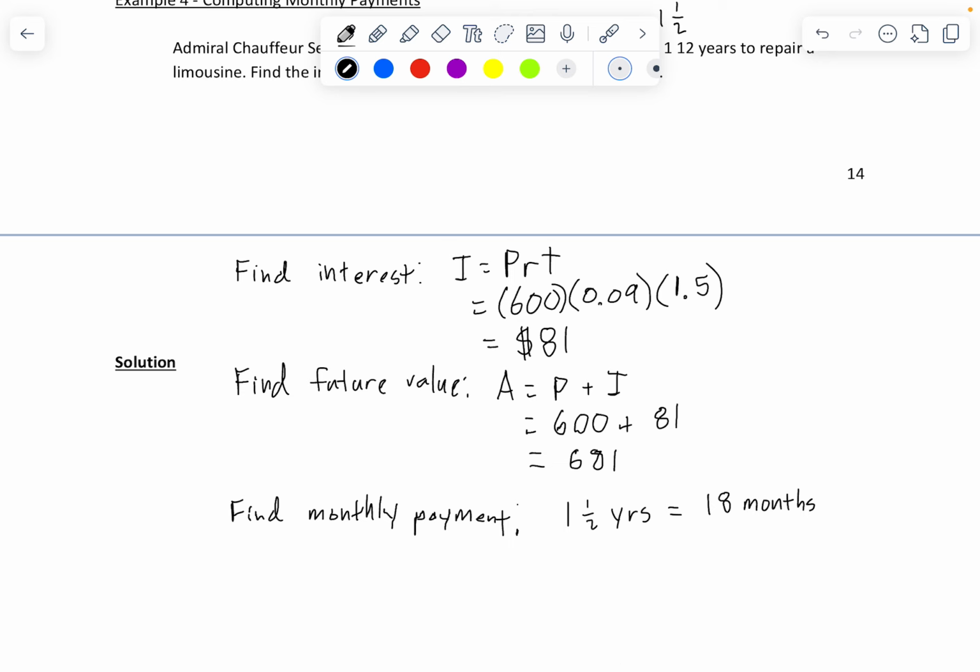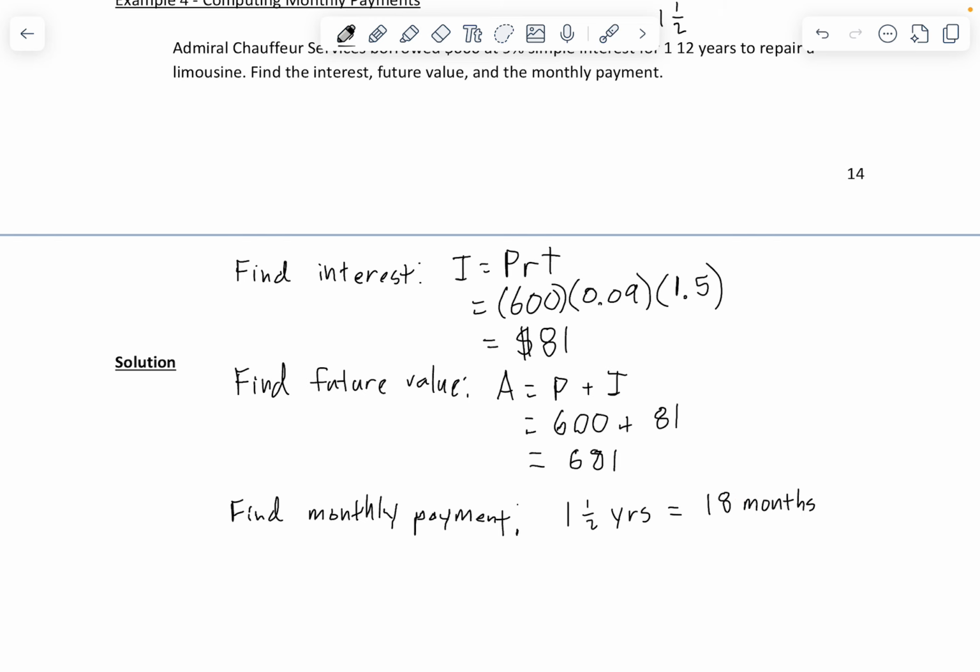So we have $681, and we're paying that back over an 18-month period. So we have to divide this amount evenly into 18 months, right?